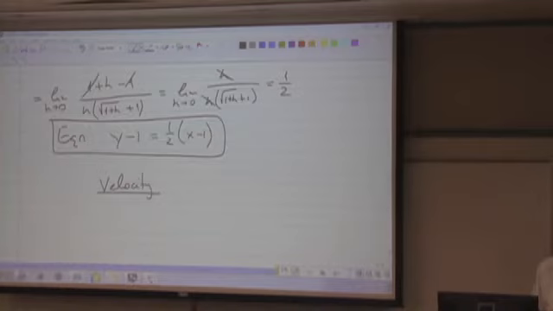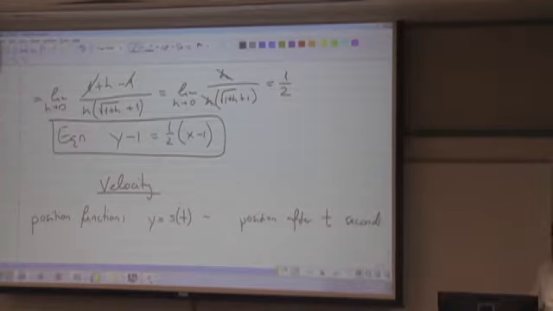So the position function is given as y equals s of t. So this is position after t seconds. Okay?